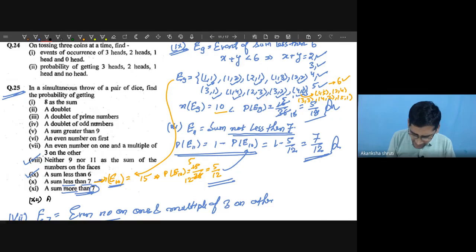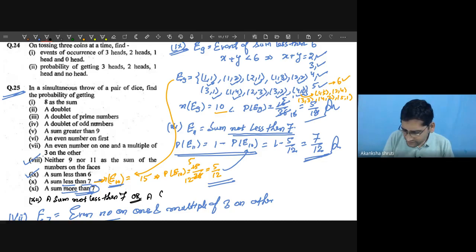Sum not less than 7, or this may be written as sum greater than or equal to 7. If it is in this way, then our 12th is this one.